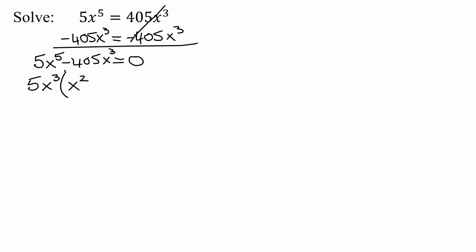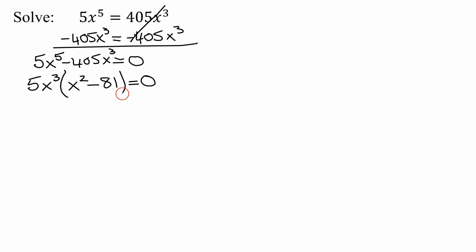So it's going to leave x squared minus, now when you factor 5x cubed out of 405x cubed, you've factored all the x's out, so you just divide 5 into 405 and get 81. So pulling out the greatest common factor leaves the binomial of x squared minus 81. Hopefully this looks very familiar.